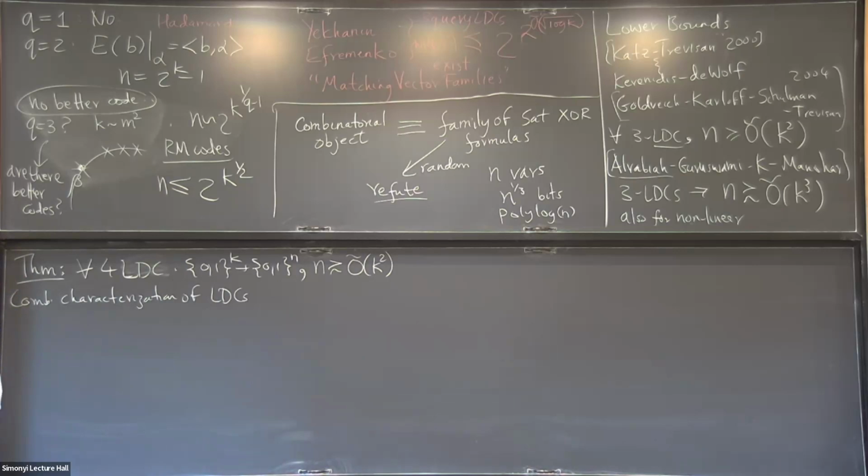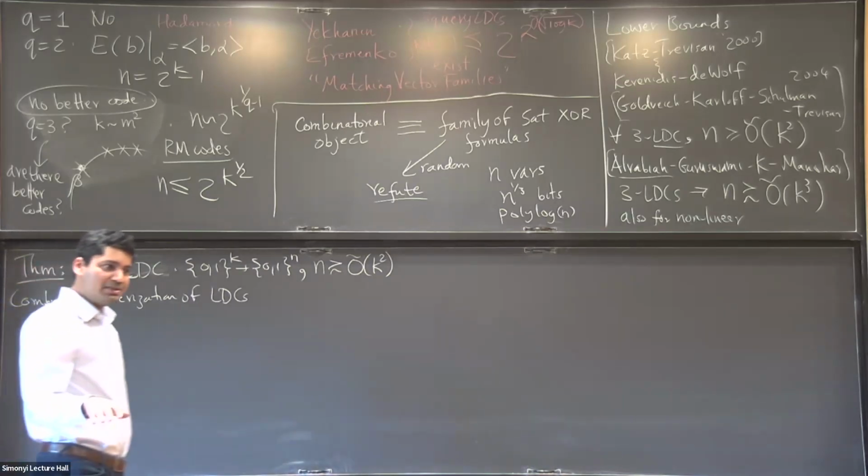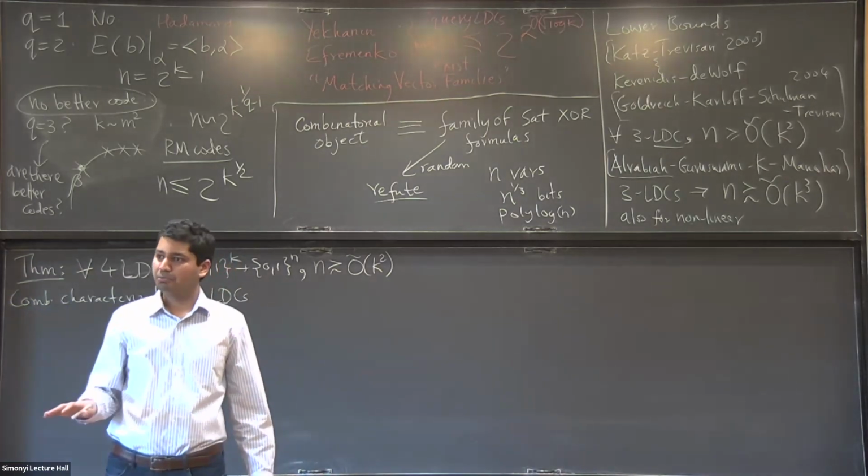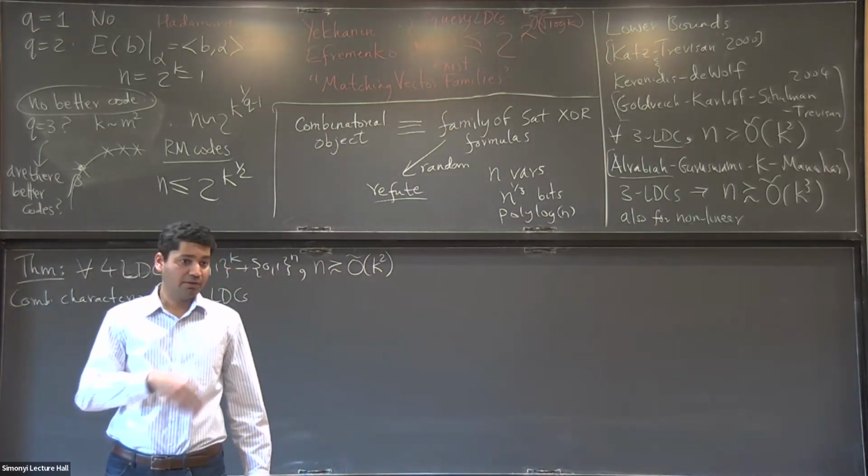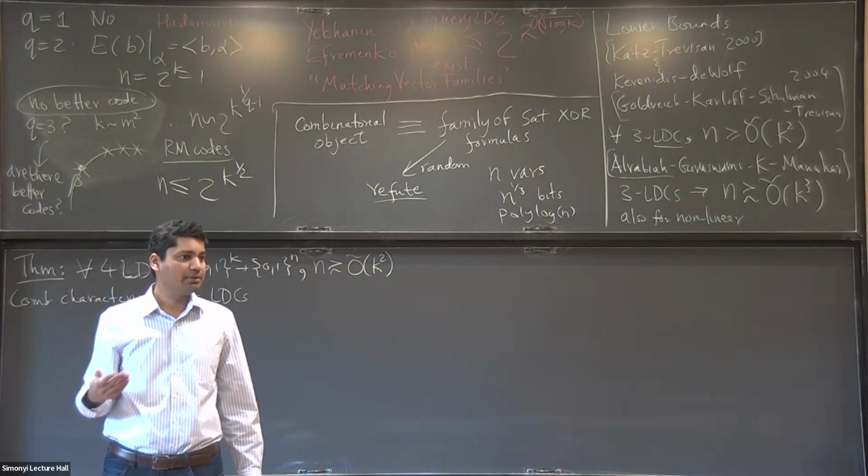So it turns out you can basically assume, again with some cleanup, that the query sets that all decode to, let's say, the first message bit are in fact disjoint. That means I'll have some order n 4-tuples which are pairwise disjoint that will work to decode any given bit.